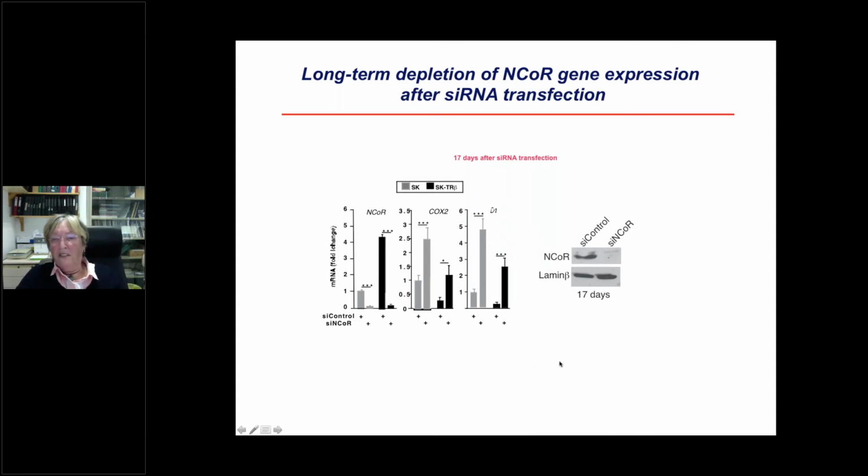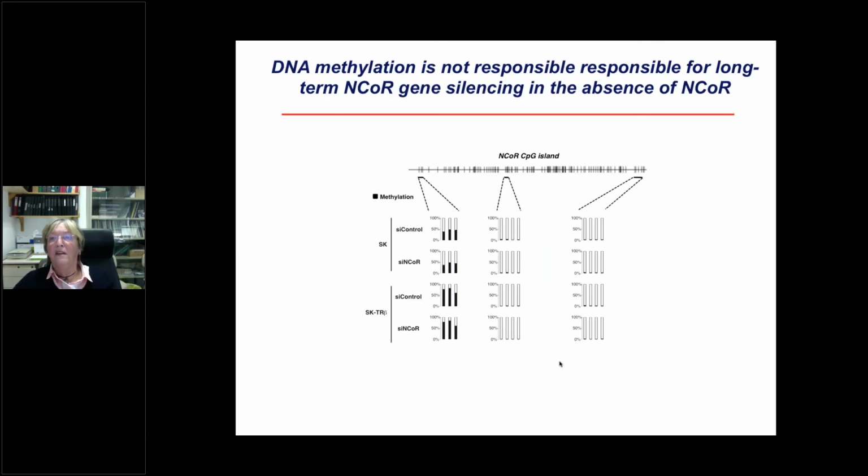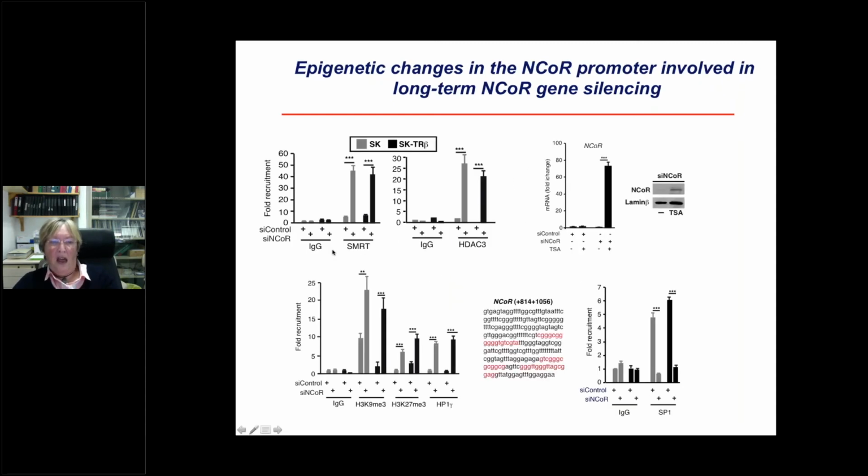Our first hypothesis was that since the NCOR gene contains a CpG island, maybe promoter hypermethylation could be responsible for the silencing of the NCOR gene. However, we could not find changes in the promoter methylation at the CpG island of the NCOR promoter after NCOR depletion.